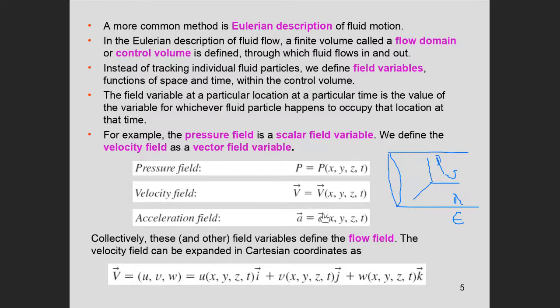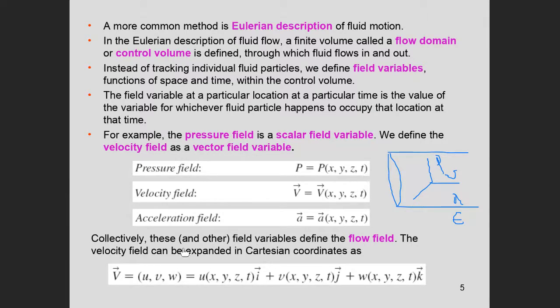Similarly, the acceleration of the fluid flow. Do you agree with me? Or is there an ambiguity here? So any variable inside the flow you consider, make no mistake about it, is 4-dimensional. It is a function of X, Y, Z, and the time T, right?